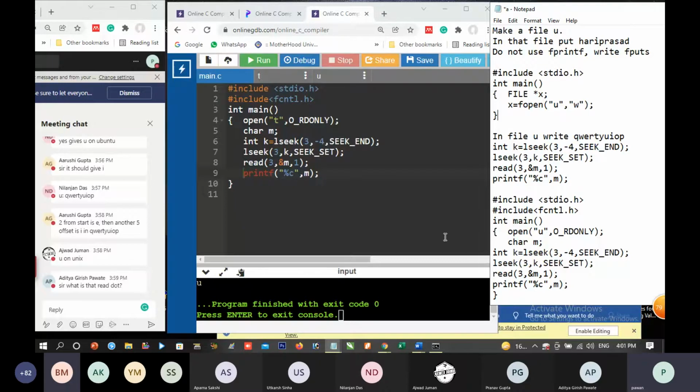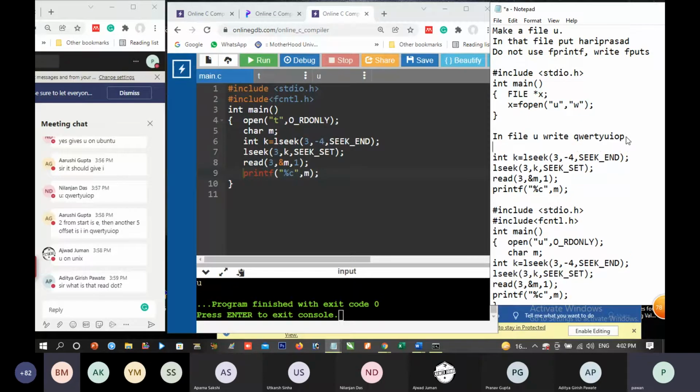When we make this file, then where is the last? This position after the last letter is the end. The end is at the position after the last letter.